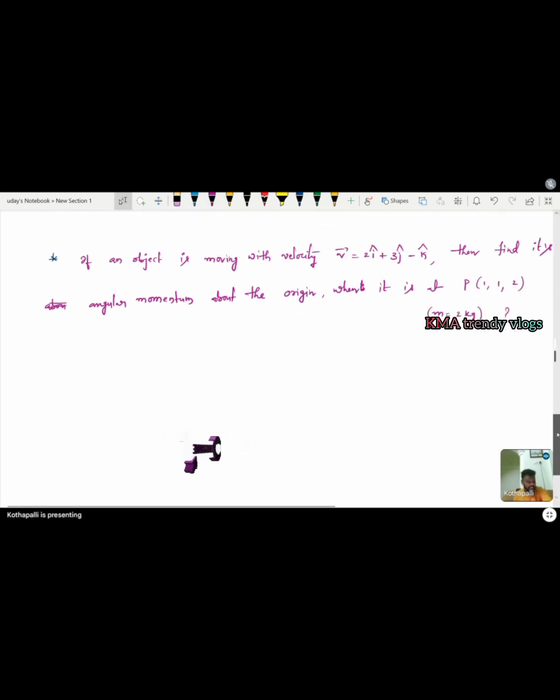Okay. See, the velocity of the particle is given and the instant at which we need to calculate the angular momentum is also given, and about what point we need to calculate the angular momentum is also given. That means indirectly the given data is that point P is somewhere here, which is 1 comma 1 comma 2.